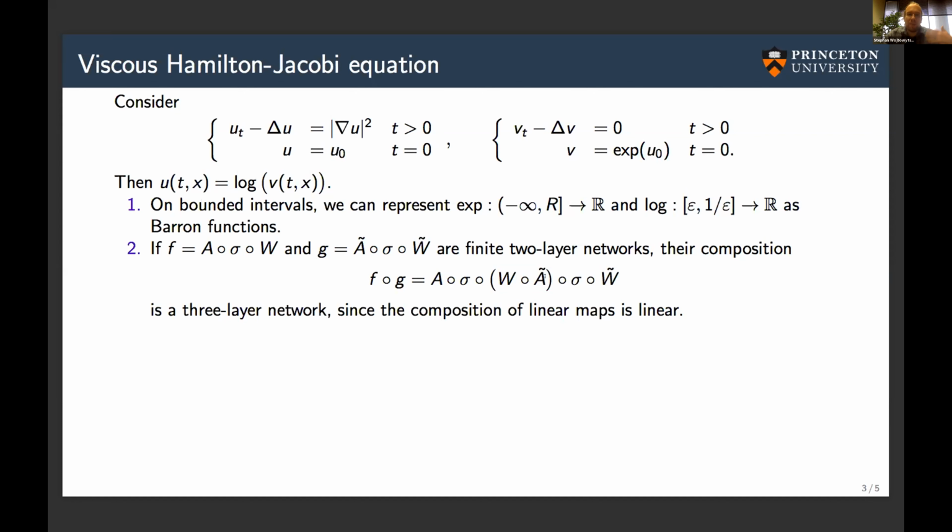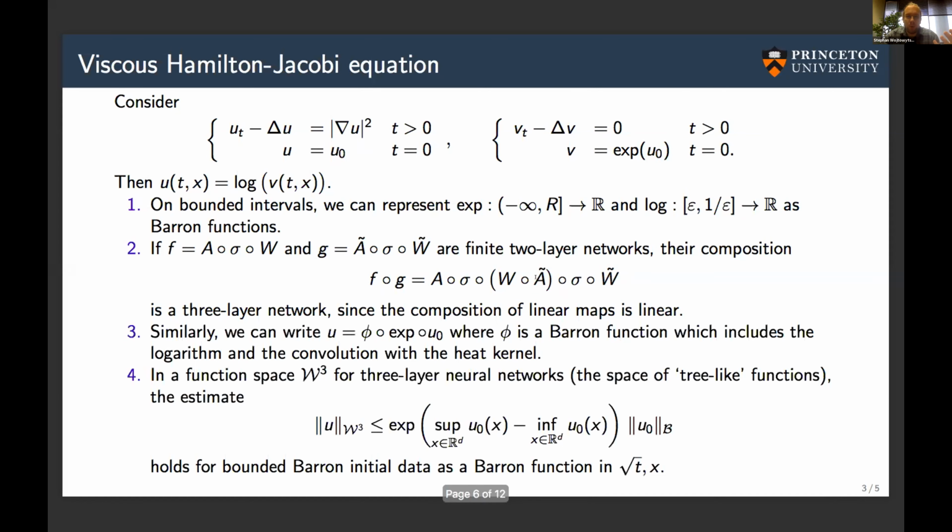So we can do the same thing with infinitely wide neural networks. And this way we can write the solution to this nonlinear PDE as a concatenation of Barron functions. And for this, we can obtain estimates in a function space which corresponds to deeper neural networks. So these are two positive examples.